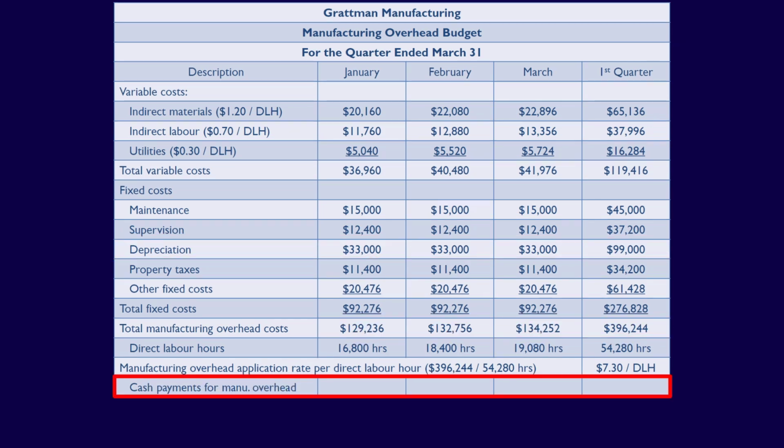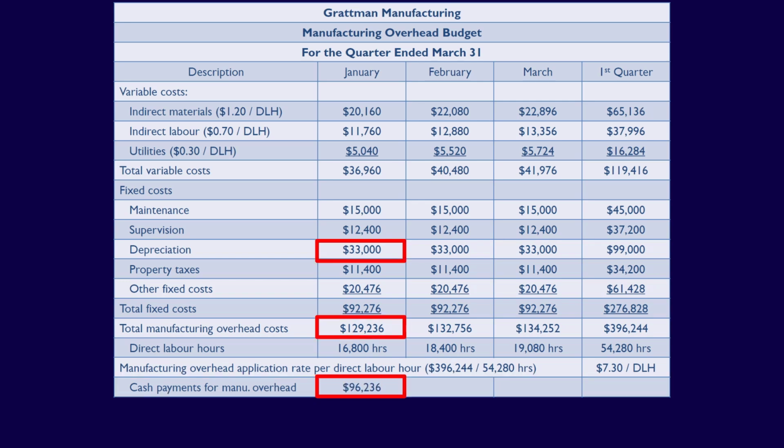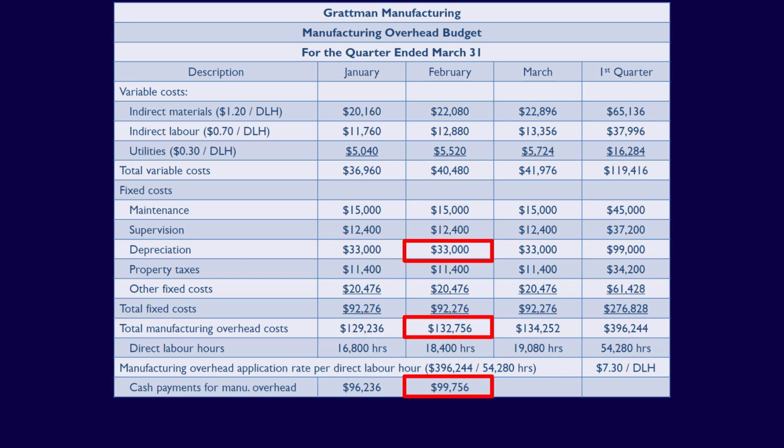I therefore add an additional row at the bottom of the manufacturing overhead budget called cash payments for manufacturing overhead. This is calculated as the total manufacturing overhead costs, which include depreciation, minus the depreciation amount. For January, $129,236 minus $33,000 is equal to $96,236. For February, $132,756 minus $33,000 of depreciation is equal to $99,756.